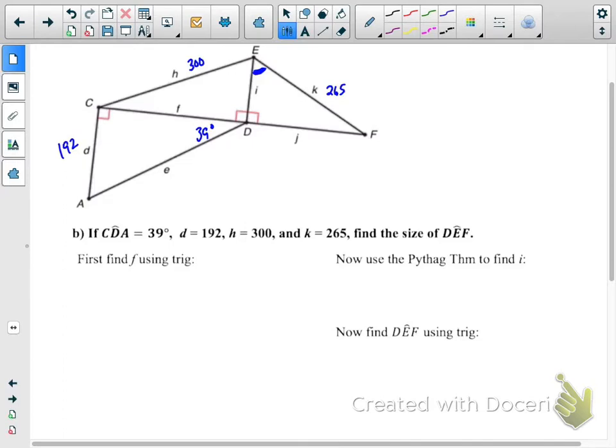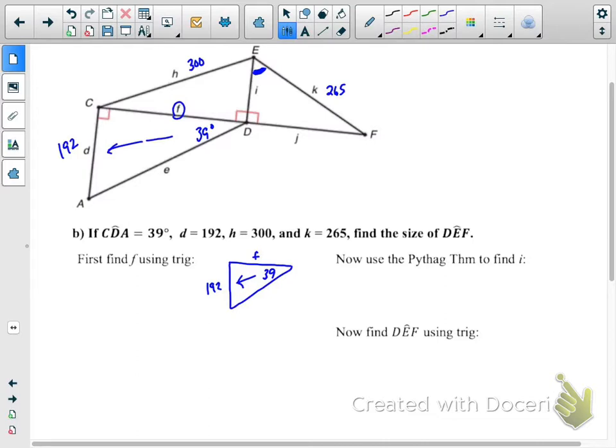In this case, I'm going to have to use trig because I don't have enough to do the Pythagorean theorem. So the side here that I know is my opposite side. And let's find f again first, because then that's going to help me with the triangle up above. So we can draw a triangle in here if you want to. 39, 192, and f.